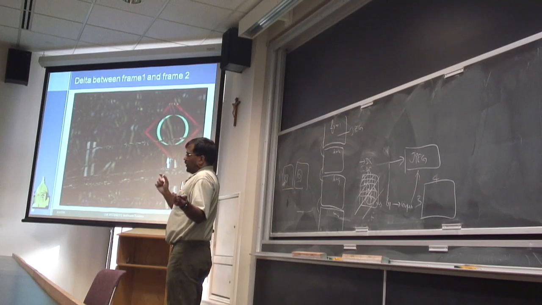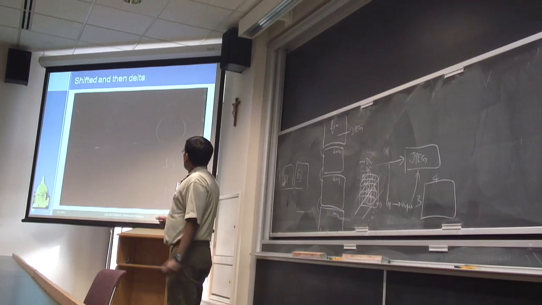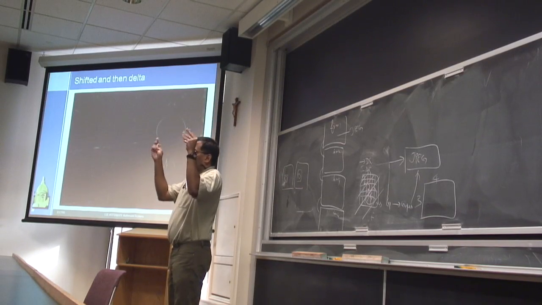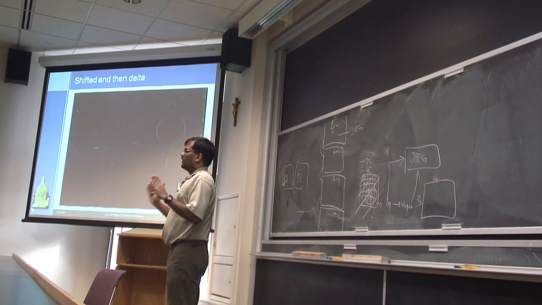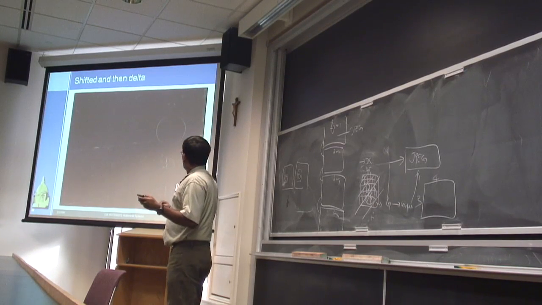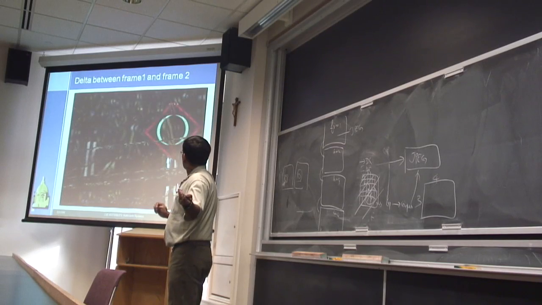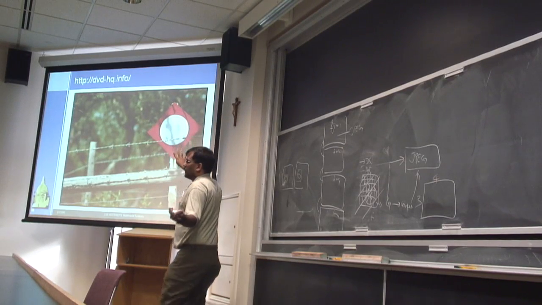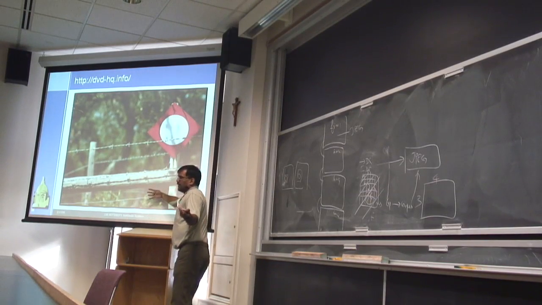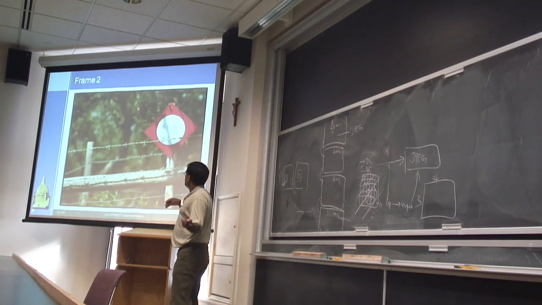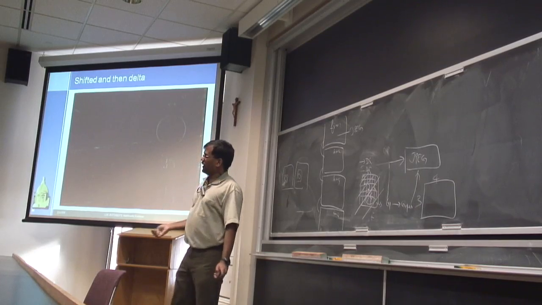But if you're kind of smart, if you knew that there's a translation, I can take the original image, shift it, and then do the diff, right? So I take this original image, and basically I'm saying on the other end, just shift this frame and then see if there's any difference. And the amount of data is very little, right?